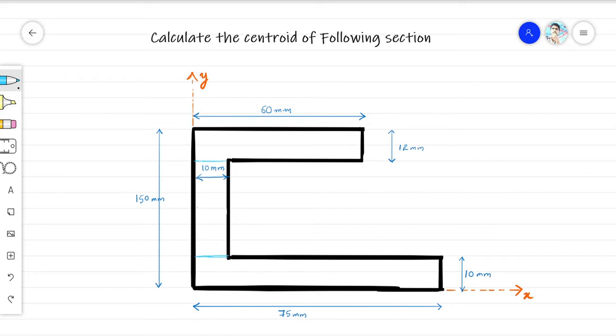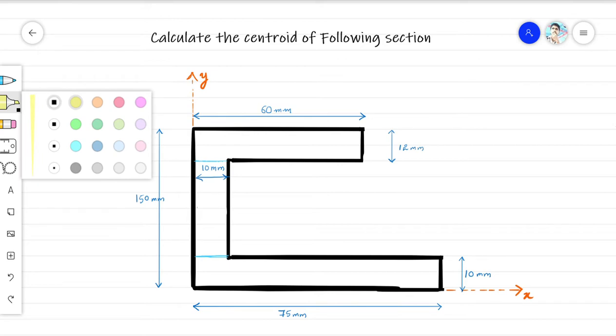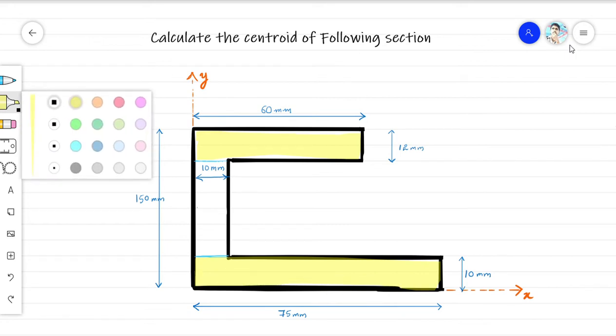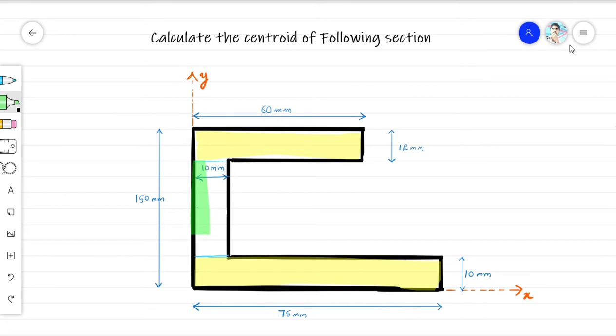By this help, I take this as a single member, this as a second single one, and this as the third member.